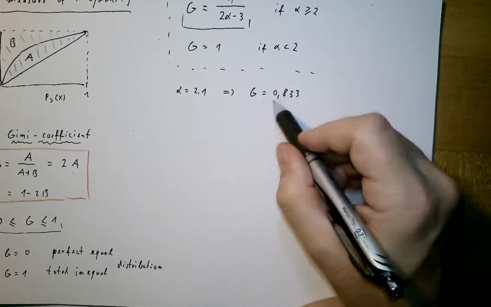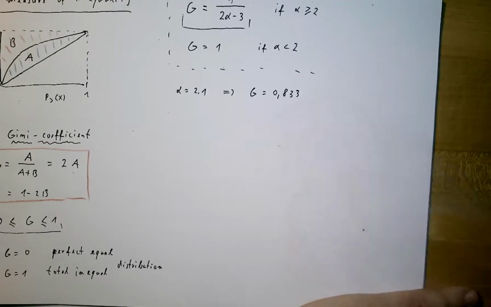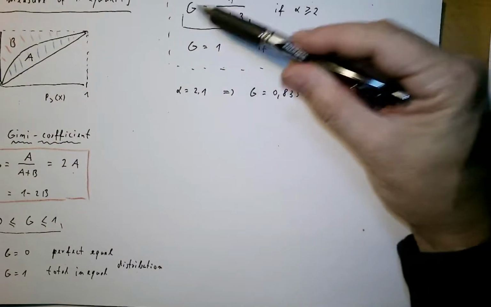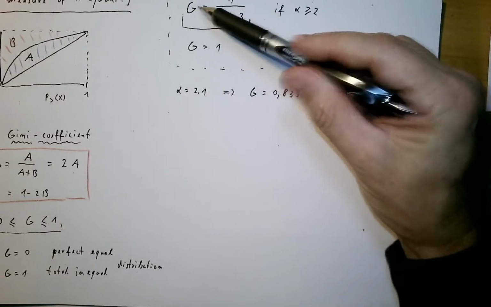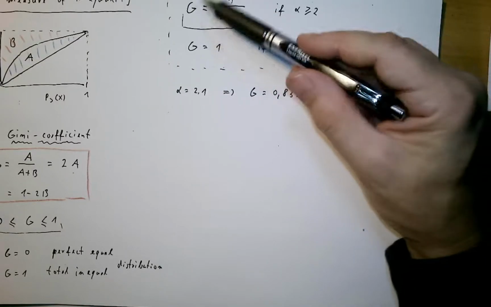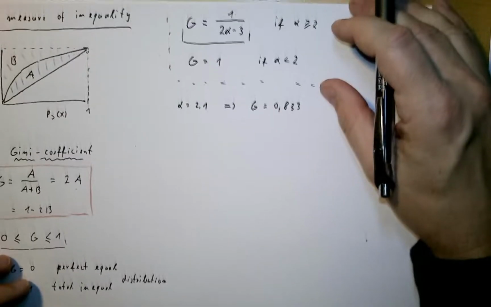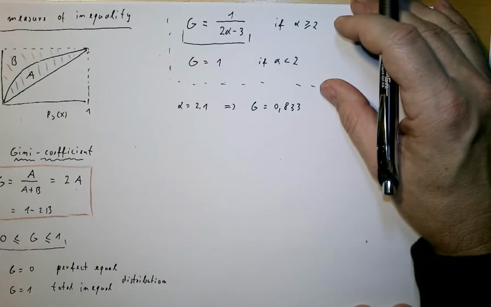So 0.8, that's already an unequal world. Now, why can we use this Gini coefficient? If you have a power law, the Gini coefficient is also related to the exponent. So why do we measure the Gini and not the exponent? Because the Gini coefficient is easier to interpret. It tells us something about the distribution.